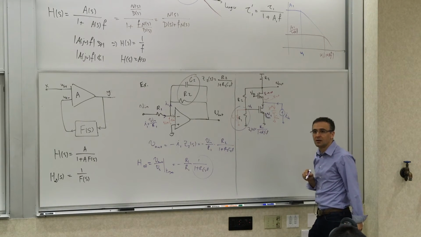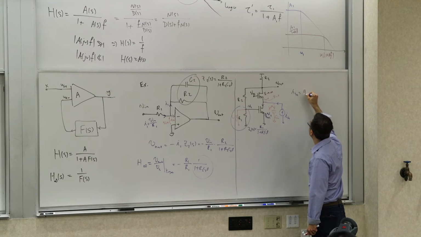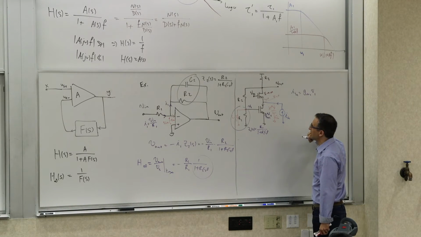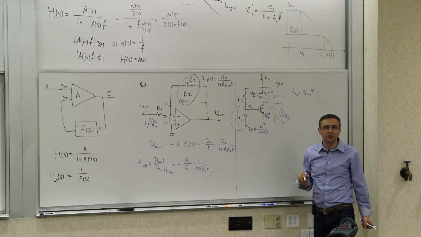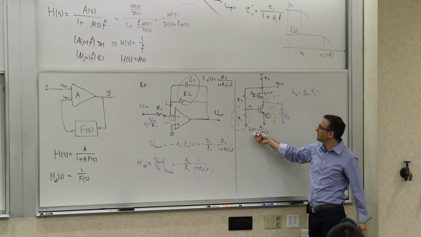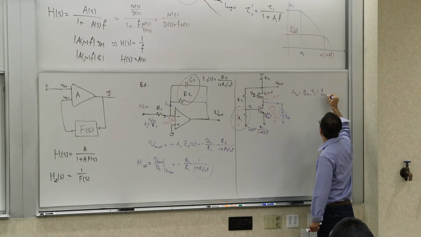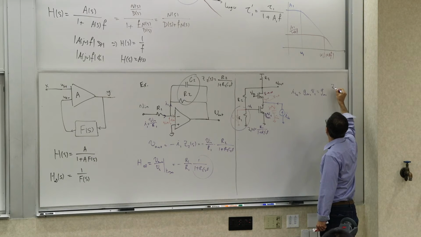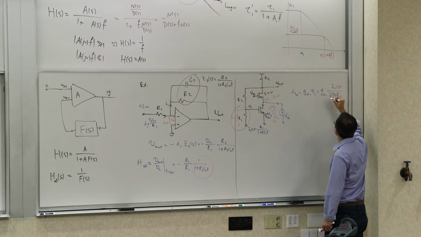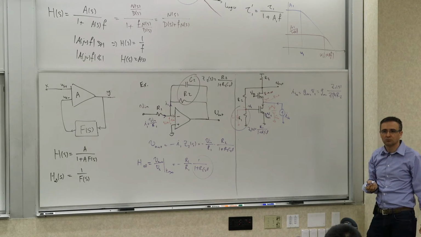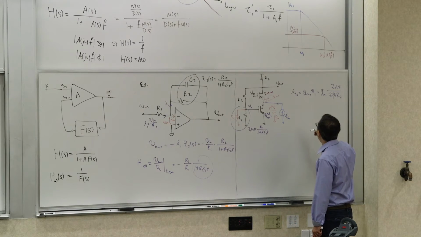So we know that I in is GM1 V1, and V1 is still related to V out through the voltage divider, except that this voltage divider is now between this impedance and this resistor. So this becomes GM1 times Z1 over Z1 plus R2, Z1 of S, of course. That resistor is replaced with this impedance. Other than that, everything remains the same.